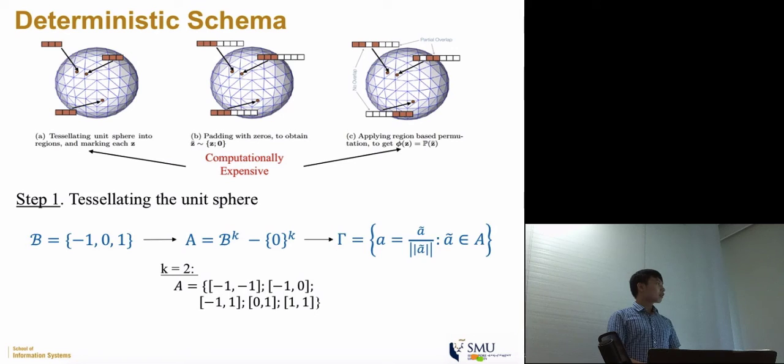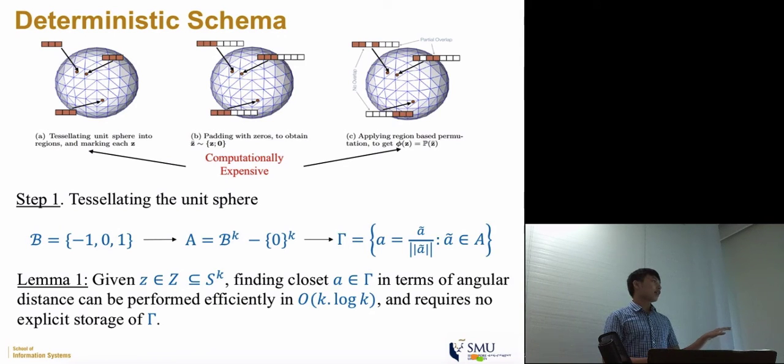It is proven in the paper that if you use this kind of scheme, you can have a very efficient computational tessellating step, in which the complexity only depends on the dimension of the data points. It doesn't depend on the number of points.